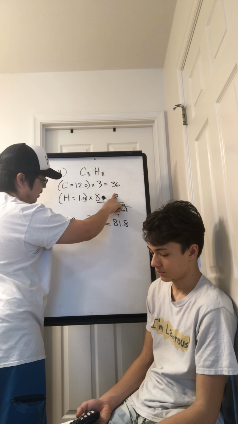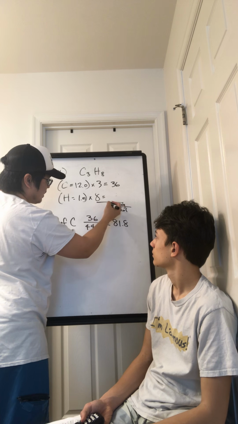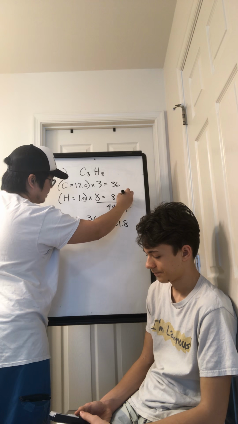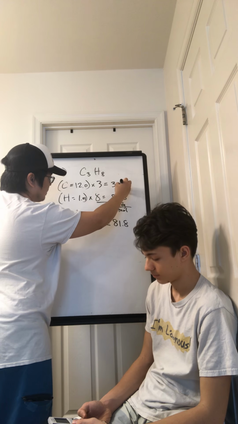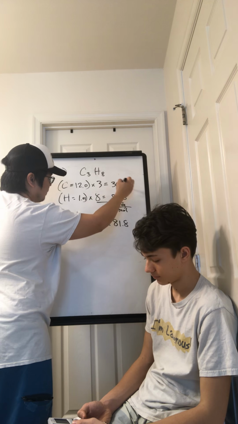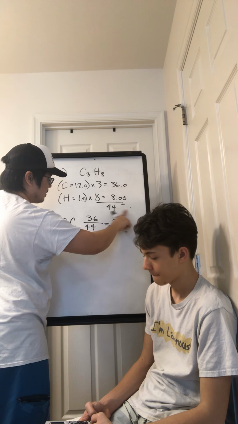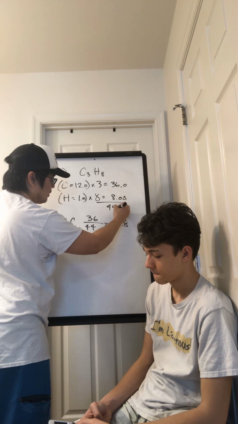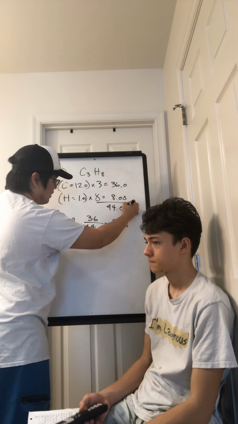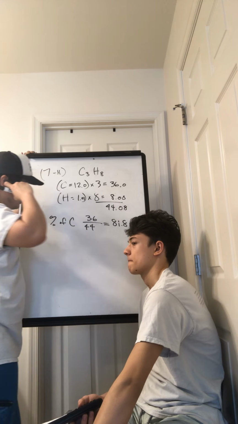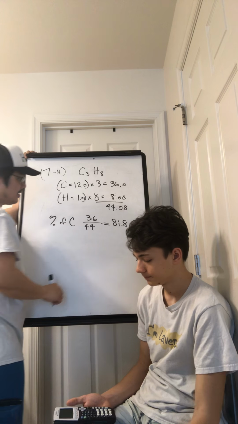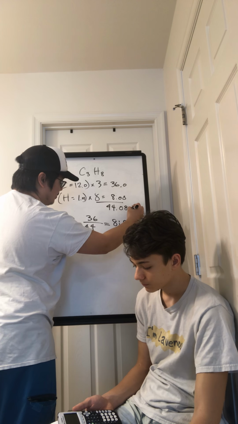So technically, we probably should do this. This is actually 8.08, and this is 36.0. And when we add these together, this becomes 44.08. You see what I'm doing here is making sure I keep track of my significant figures. Grams per mole.